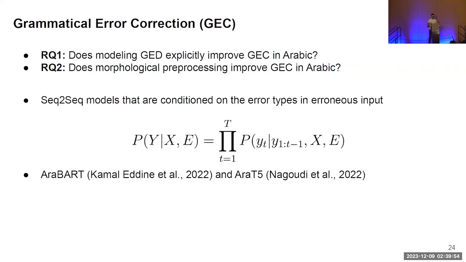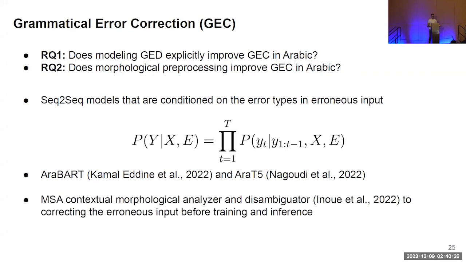To answer the first question, we extend pre-trained sequence models so that they become conditioned on the error types in the input. Given an Arabic sentence that has errors, X, and given a sequence of error types present in X, which is E, the goal of the model is to generate the corrected version of X, that is Y. In this work, we use 2 pre-trained sequence models, AraBART and AraT5.